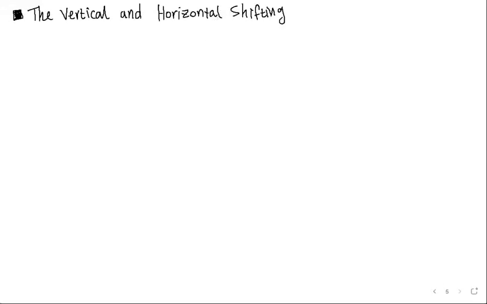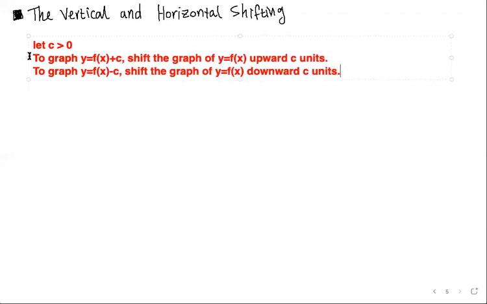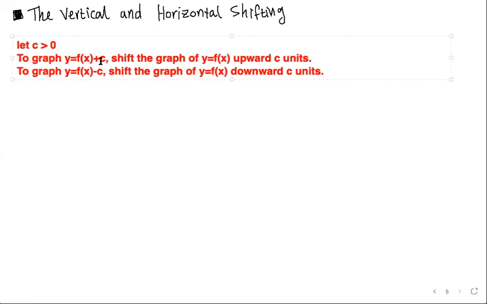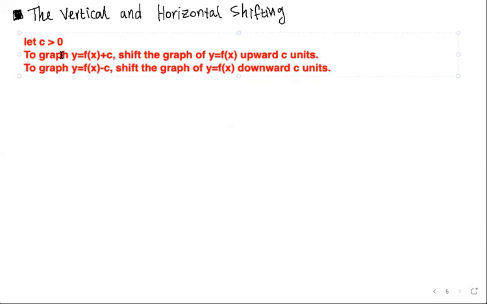Okay, so the definition says, if I have a constant number c, and this c is a positive number, the graph of any function y equals f of x plus c shifts the graph y equals f of x upward c units.